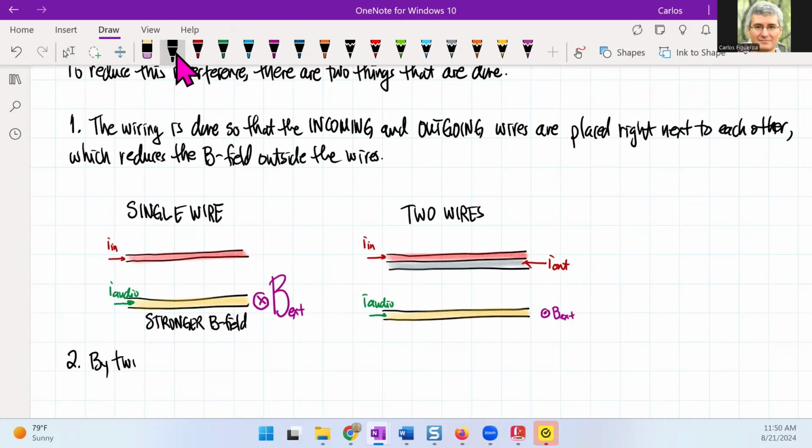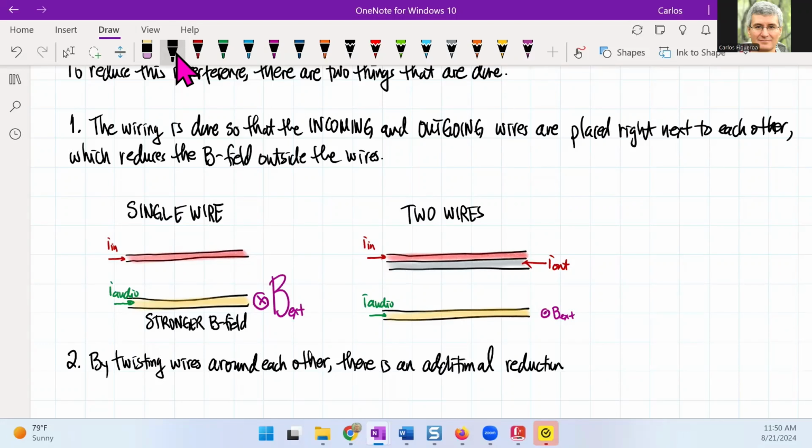By twisting wires around each other, there is an additional reduction of B external.